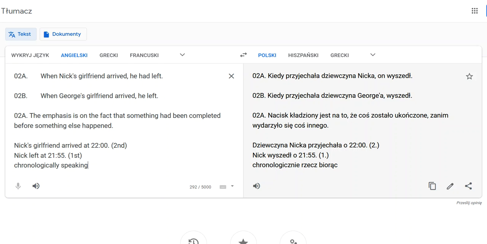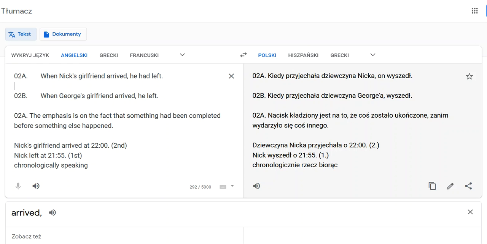So, what happened first takes the past perfect. So that's why you see he had left. That's the past perfect. And what happened second takes the past simple. So this happened second. So when Nick's girl arrived, past simple, had left, past perfect simple. Okay?